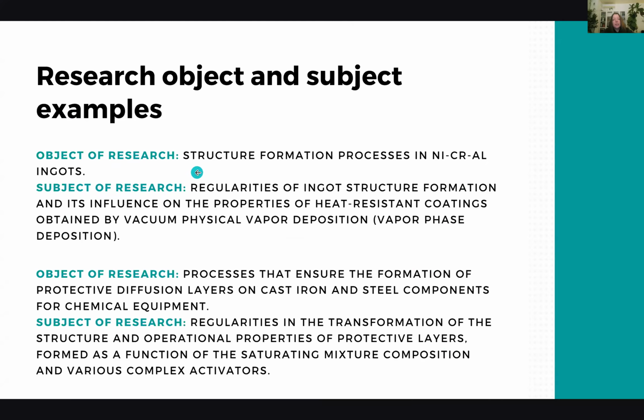The object is the structure formation processes in nickel, chromium, aluminum ingots. So we have a specific alloy, ingots made from this alloy, and the structure formation processes in those ingots. It's still pretty broad, but not hugely broad.